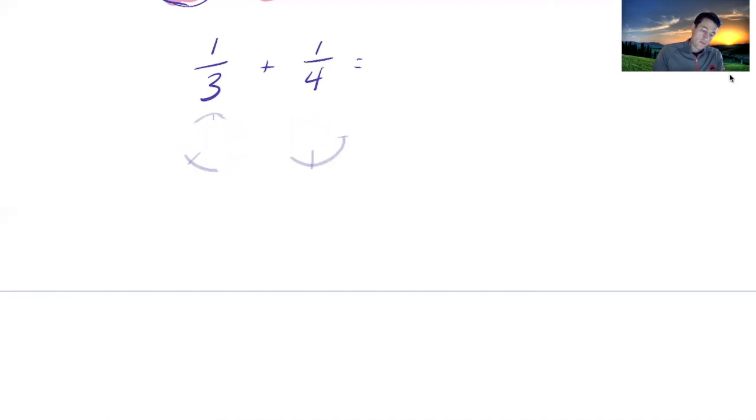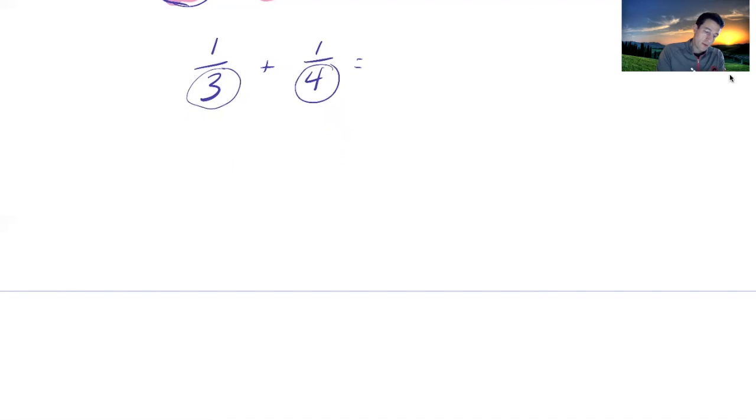Now, when we start with this, we want to think of the multiples of both 3 and 4, and we want to find a match. Any common match will work as a denominator. We'll get to that shortcut in just a second.